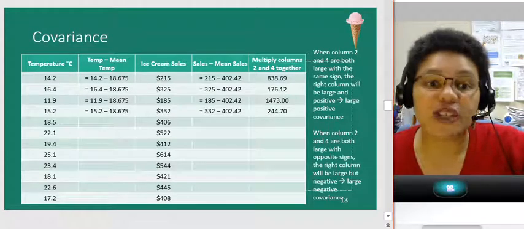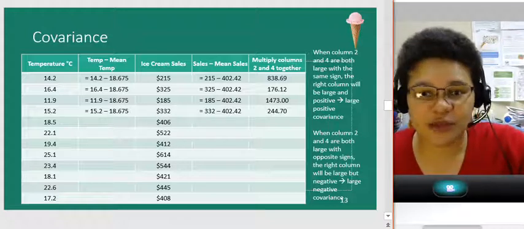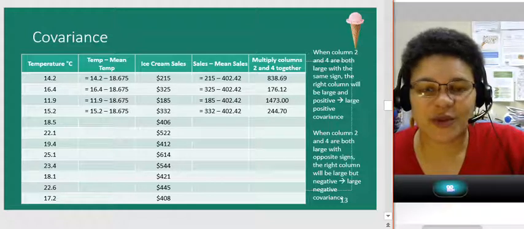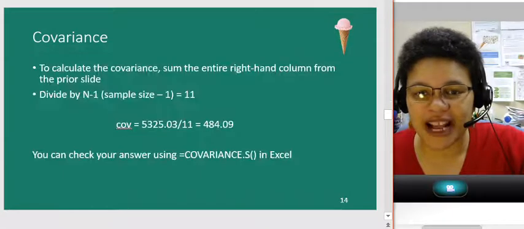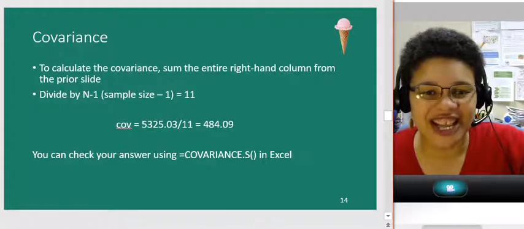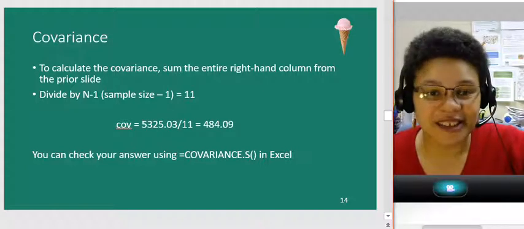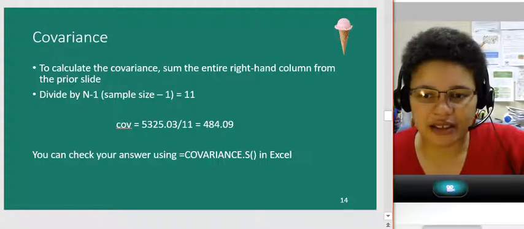The covariance we would subtract from the mean for each of the variables. We would multiply the columns together and we would get a number there, and then we would divide by the product of the standard deviation. And we're not going to do any of that math ourselves. Wait, divide by the sample size.